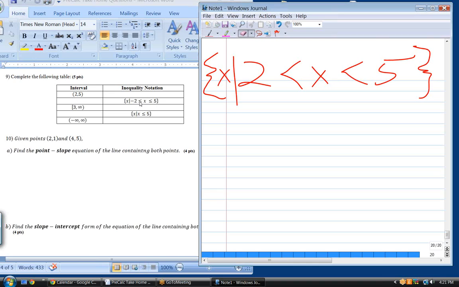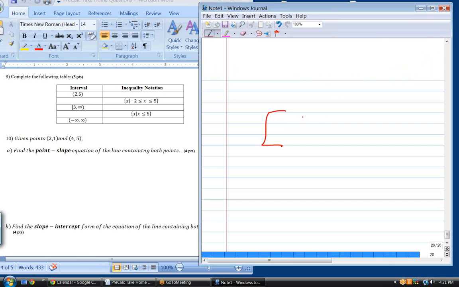Because that's a less than or equal to, and that's a less than or equal to, I have to use brackets. So this translates to bracket minus 2 comma 5 bracket. That says x is between minus 2 and 5, but it can be equal to minus 2, and it can also be equal to 5.